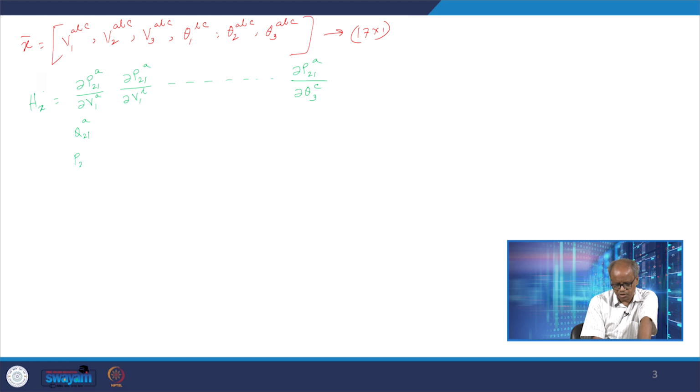Third row, P21B. Fourth row, Q21B, and so on and so forth. Let's say the last row is P3C. Let us write it down: del P3C by del V1A, and then dot dot dot del P3C by del theta 3C. So this is the case.